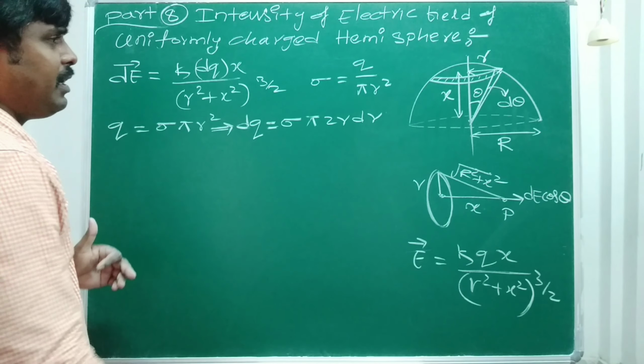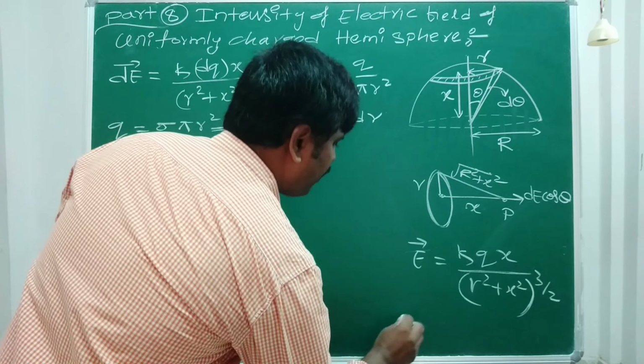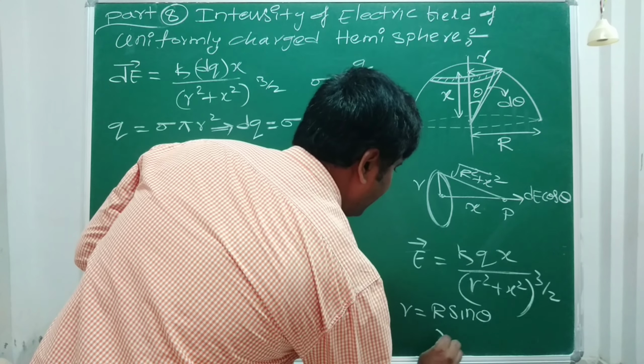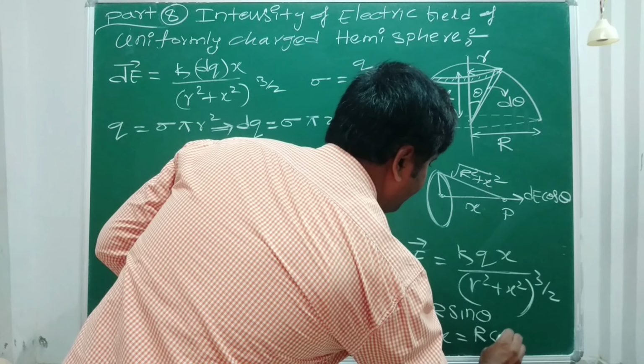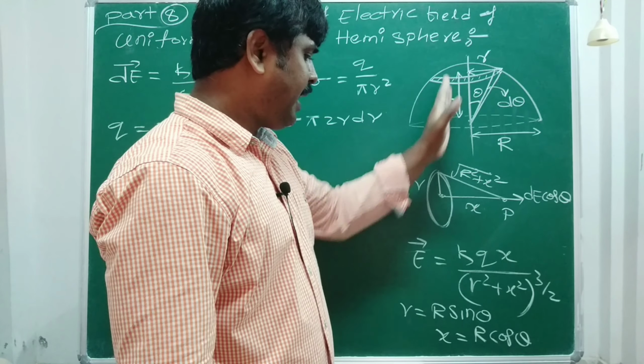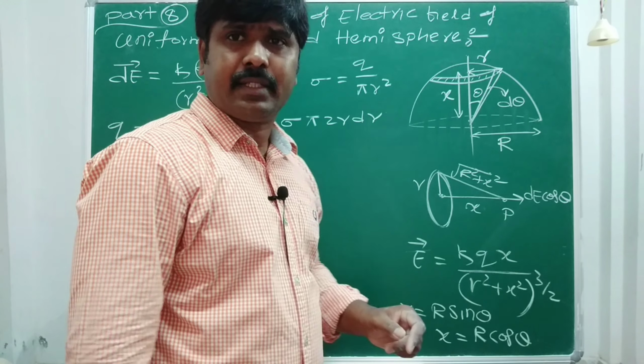And in continuation, here we know the values also. Here r value is equal to r sin theta, and x value is equal to r cos theta. So this is the adjacent side r cos theta, and this is the opposite side r sin theta.